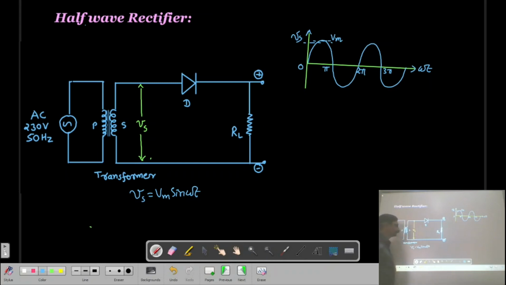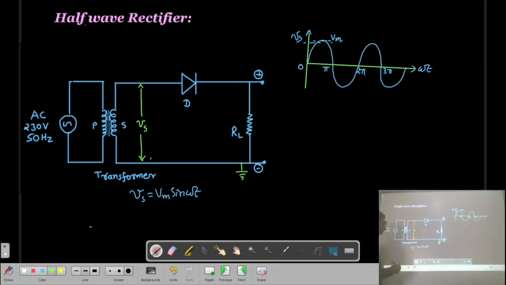Okay. Now, let us see the function of the circuit. Remember, here in the secondary, the AC voltage is going to be induced, correct? And normally in the power supply, this point is connected to the ground.